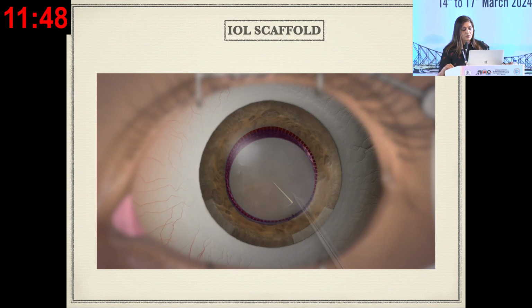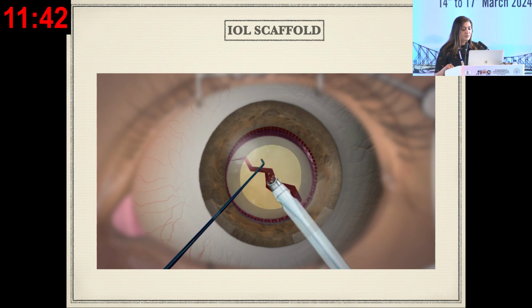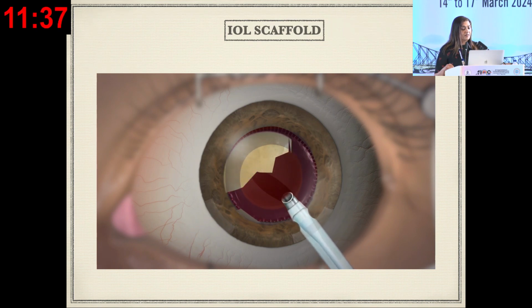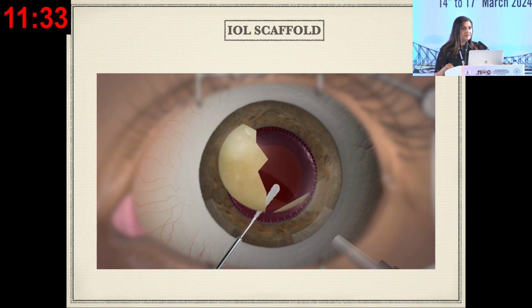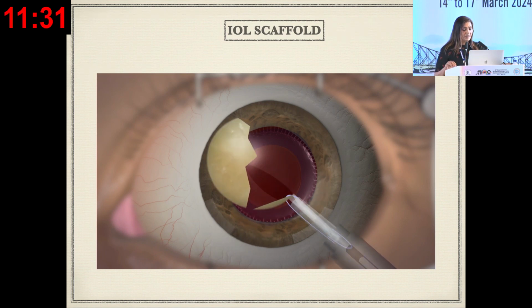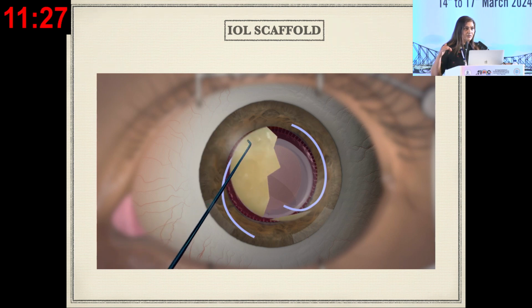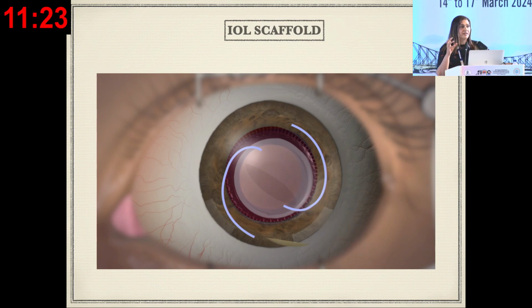This is another animation which explains how to do an IOL scaffold procedure. You have done a capsulorhexis, you're going around doing a phacoemulsification, and then there is a capsular rupture. What is done in this procedure, which is actually for beginners, is you take a 3-piece intraocular lens and inject it beneath the unemulsified nucleus.